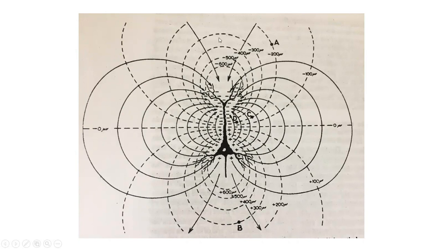The top portion is more negatively charged, and the bottom portion is more positively charged. This illustrates the point that for points A and B, the potential difference between the two of them is 500 microvolts, so 200 plus 300. Points C and D are along the same line, so there's no potential difference between the two that you're recording from.